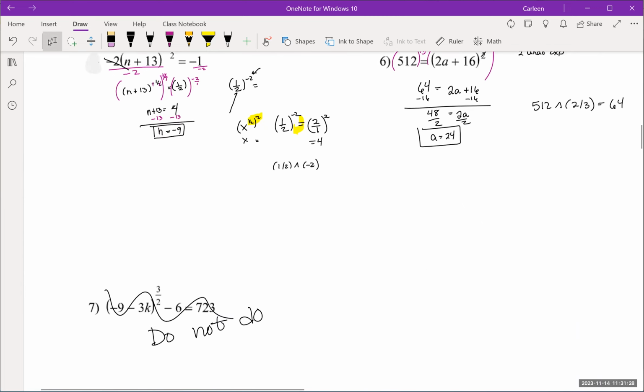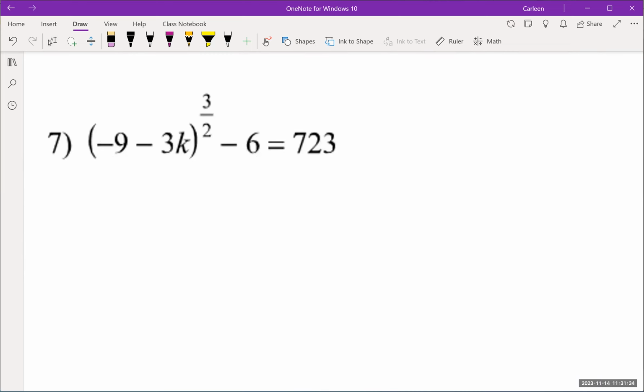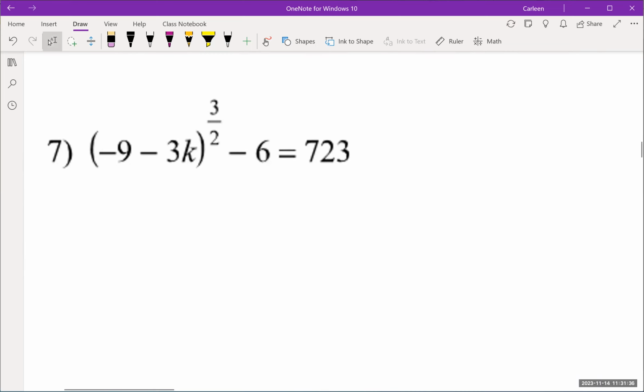Seven. Okay, we are going to do number 7. Okay, let's do it. It'll be good. Isolate. Inverse. And solve.